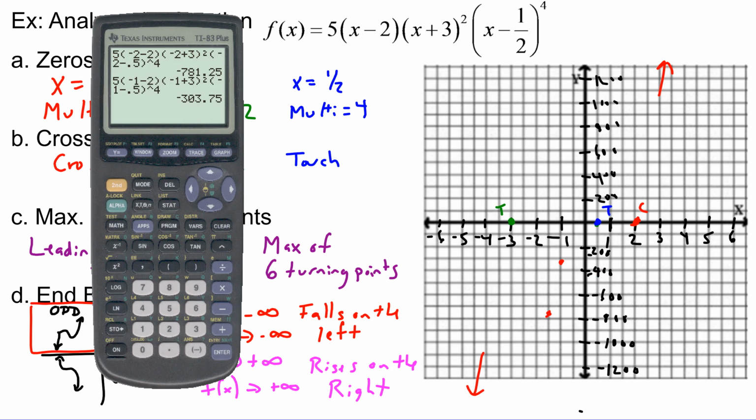We can also calculate our remaining whole numbered values. I can see where I am at 0. I can also see where I am at 1. And if you have a calculator that allows you to go back and type in your results, like I'm doing here, it makes it definitely a lot faster to calculate these. You could also write them out and calculate them by hand.